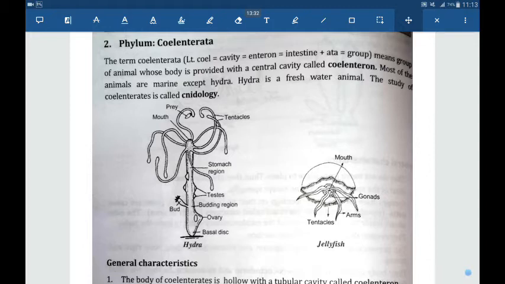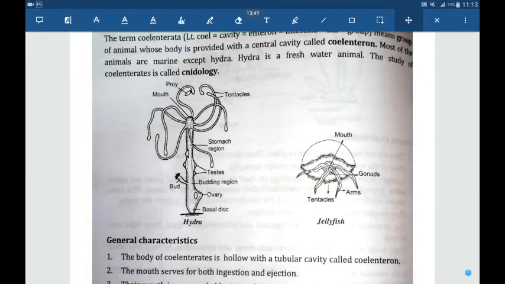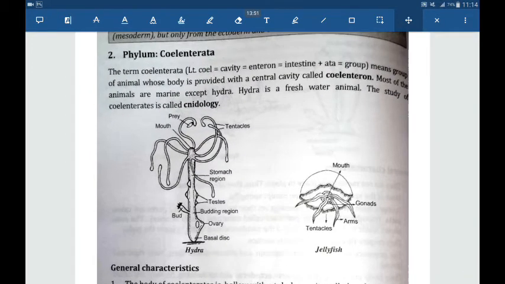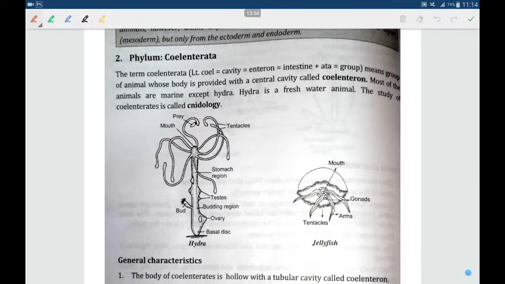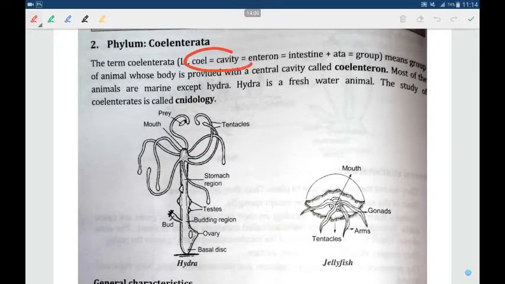Coelenterata: coel means cavity, enteron means intestine.